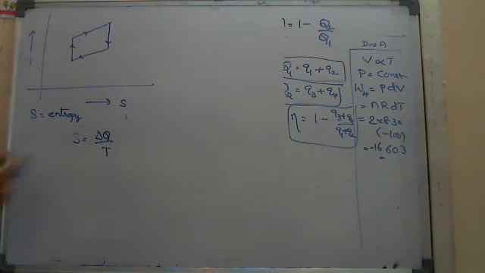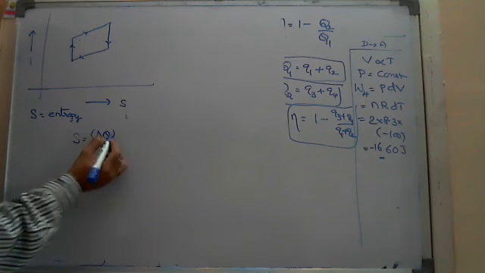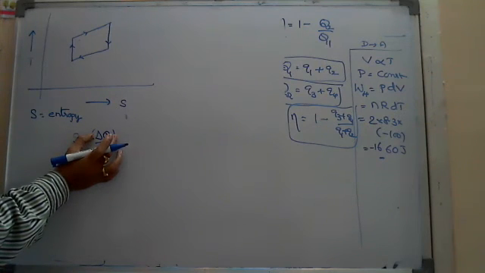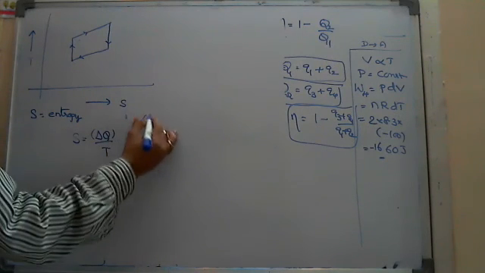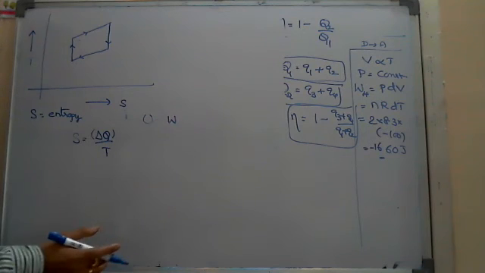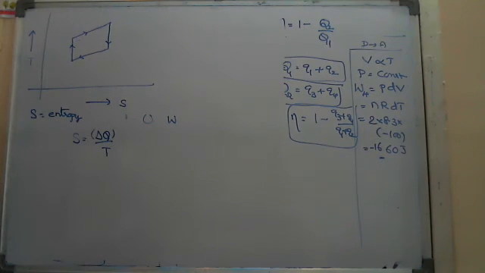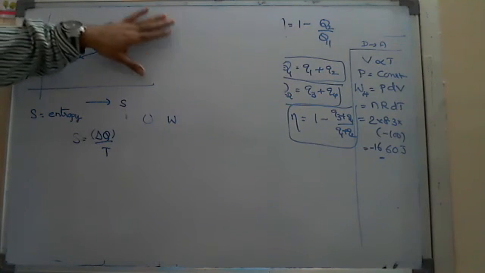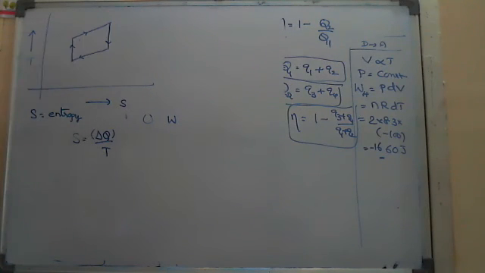In this case, the amount of heat I'm getting straight away, without finding out the internal energy or the work done. Compared to the PV or PT or VT graphs, in the ST graph, without finding out the work done and internal energy, I'm getting the heat.